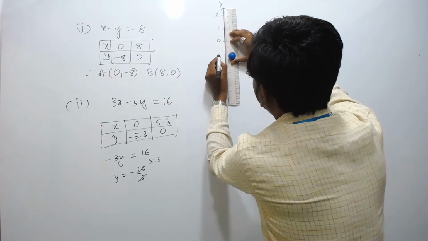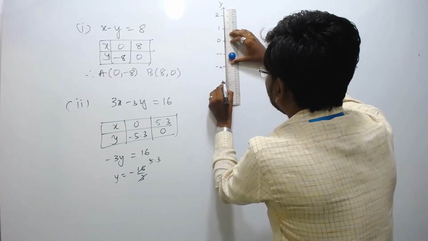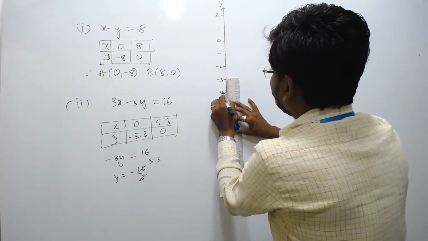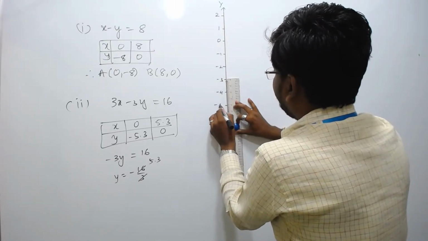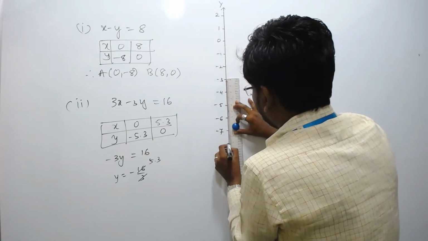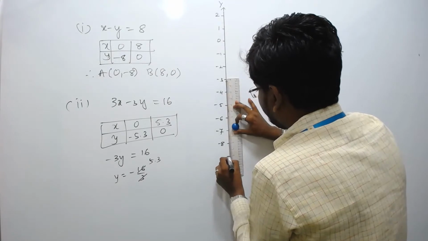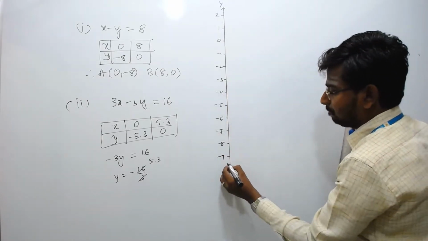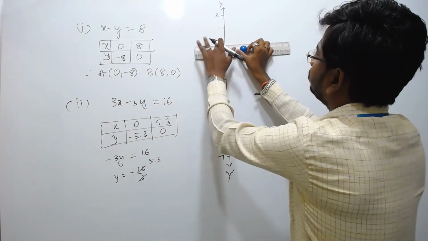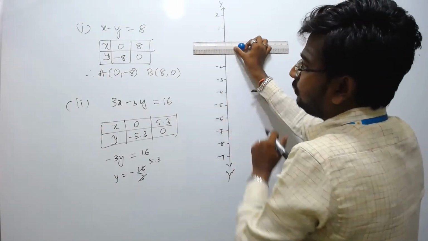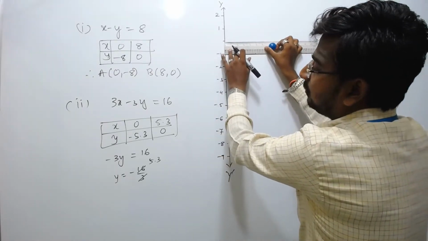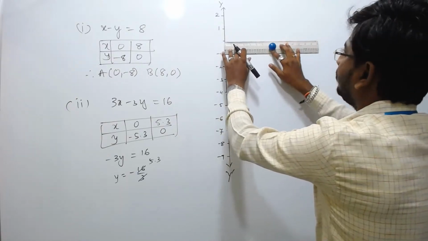Meanwhile, you can draw minus 1, minus 2, minus 3, minus 4, minus 5, minus 6, minus 7, minus 8, 1 extra, minus 9, y dash. From origin, there is no negative x-axis, but the maximum value is 8. So 1 extra again I have to take.